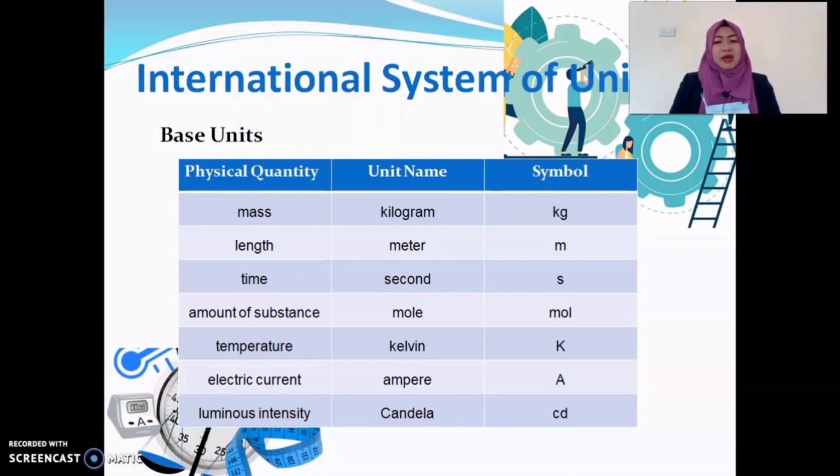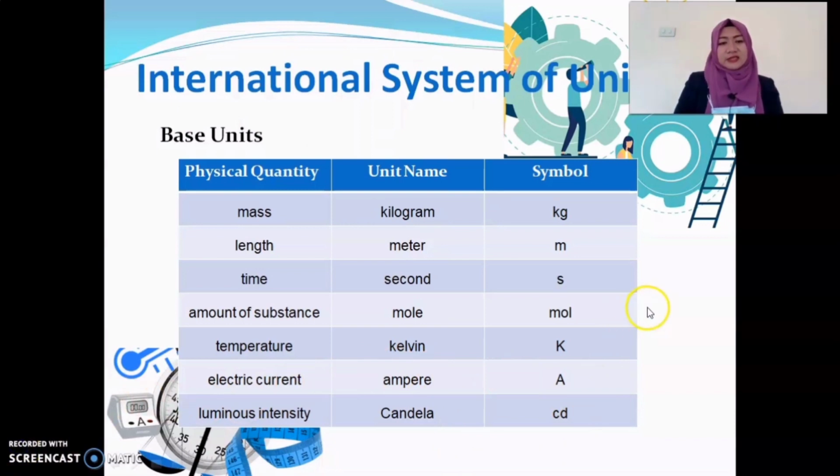For example, the SI unit for mass is the kilogram. For length, we have meters. For time, we have second. For amount of substance, we have mole. For temperature, we have Kelvin. The electric current is ampere. And the luminous intensity is candela.